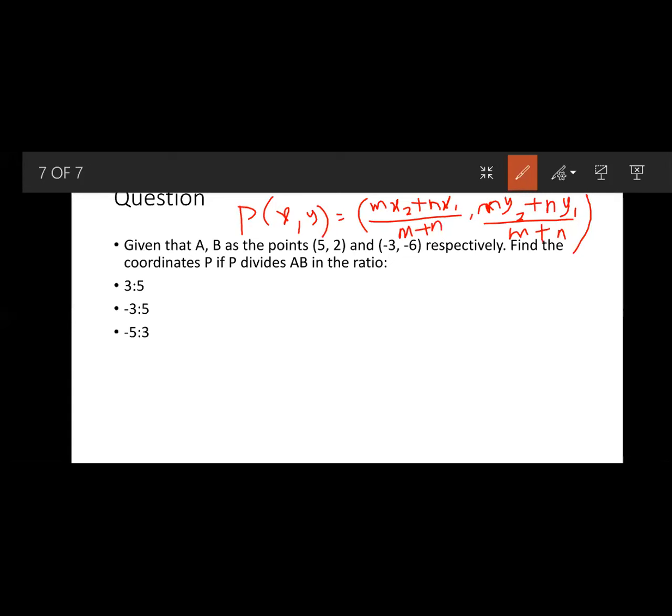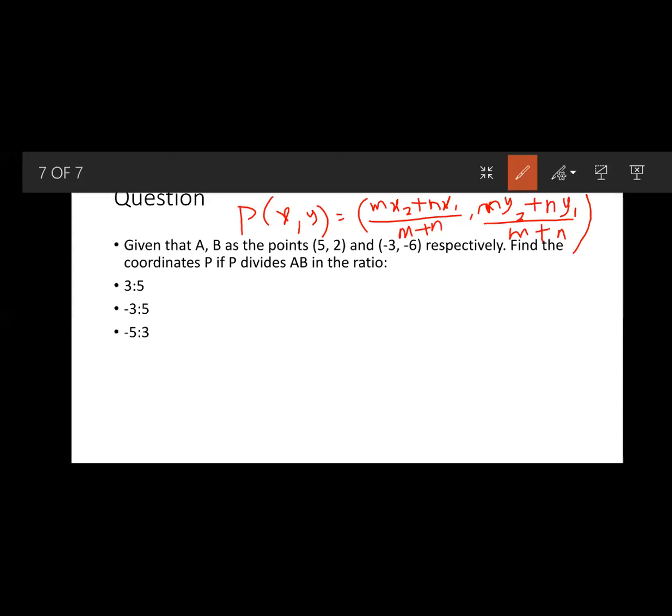Okay, if you look at this question, given that A and B are the points (5, 2) and (-3, -6) respectively, find the coordinates of P if P divides AB in the ratio 3 to 5, -3 to 5, -5 to 3.